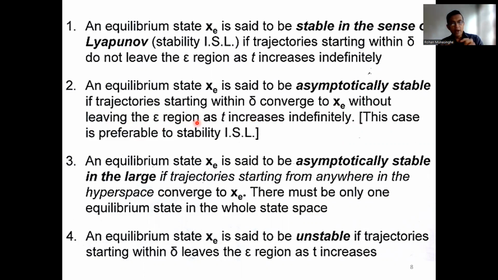So it will come back to the equilibrium point without leaving the epsilon region. It goes into the epsilon region, but does not go beyond it. So that is what is called asymptotic stability. This case is preferable to stability in the sense of Lyapunov. So if you look at it stability-wise, number two is better than number one. Okay.